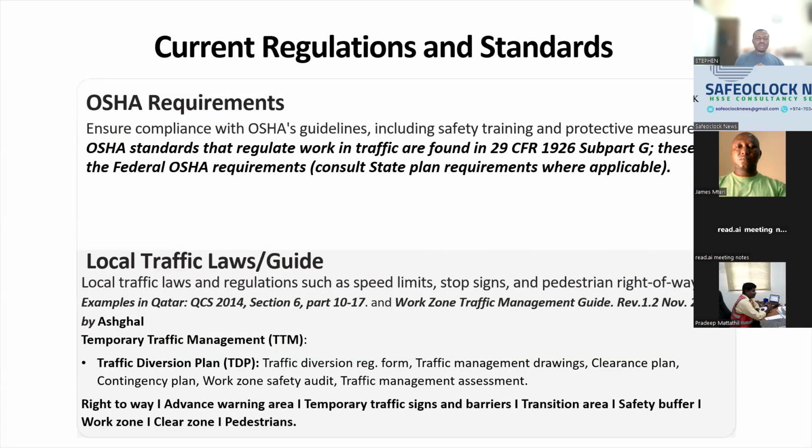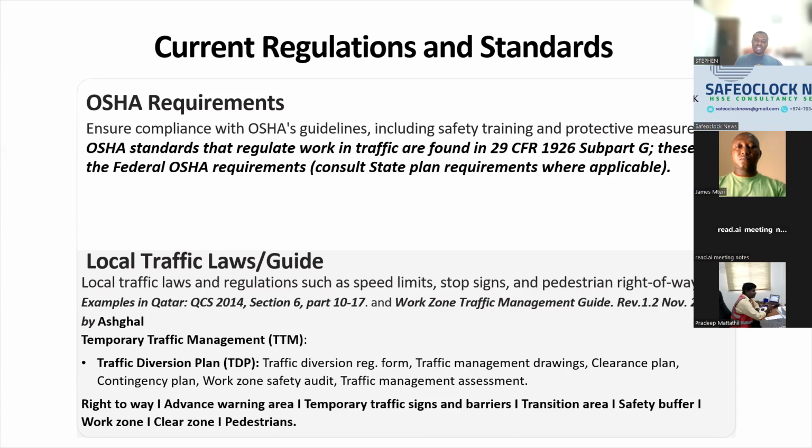Now, just a couple of regulations. I just want to reference OSHA, because there's a requirement, or a traffic standard, that regulates workplace traffic management within the United States. This is the federal law, because the OSHA standards that regulate work zone traffic are found in 29 CFR 1926 Subpart G. These are the federal OSHA requirements.